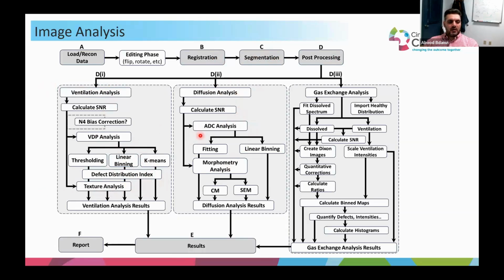For the diffusion, again, multiple methods to do the ADC analysis and then also the morphometry analysis. For the gas exchange, it's a little bit hard-coded because it's a very complicated analysis. But basically, spectrum fitting and doing the 1-point Dixon separation to get the RBC and the membrane maps, and then do the linear binary analysis.